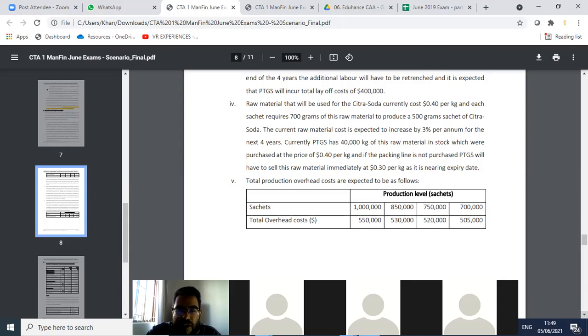The current raw material cost is expected to increase by 3% per annum for the next 4 years. Currently PTG has 40,000 kgs of this raw material in stock, which were purchased at 40 cents per kg.